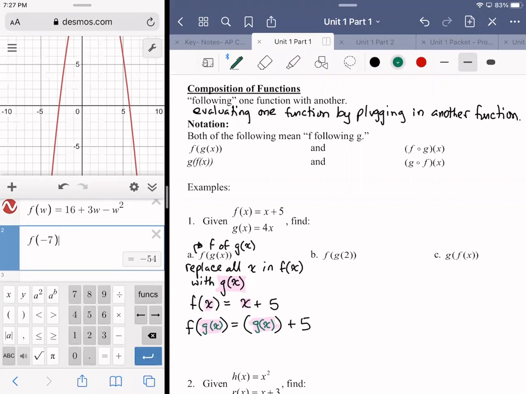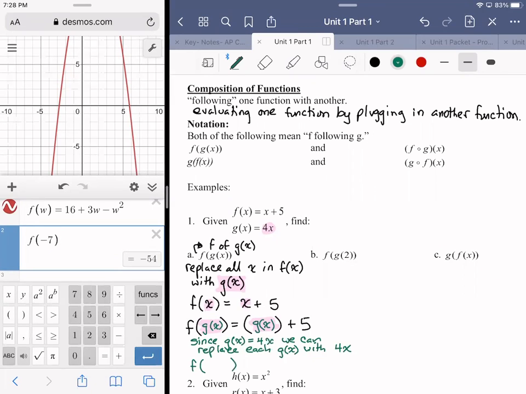All right, g of x is equal to 4x. They told us right here. So since g of x is equal to 4x, we can replace each g of x with 4x.